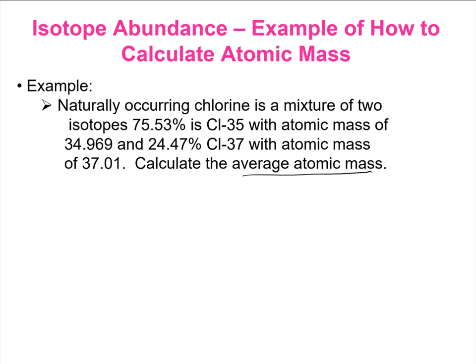So the way you do it is let's set up a formula. The atomic mass equals, and you take the fraction of isotope 1, multiply it by the mass of isotope 1.